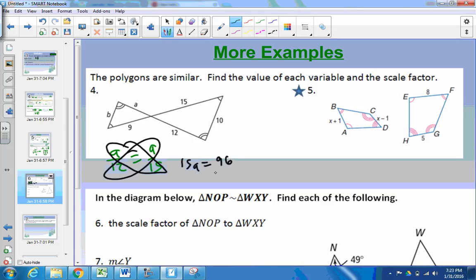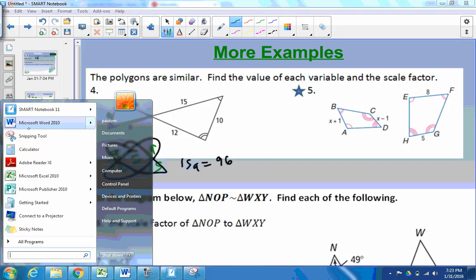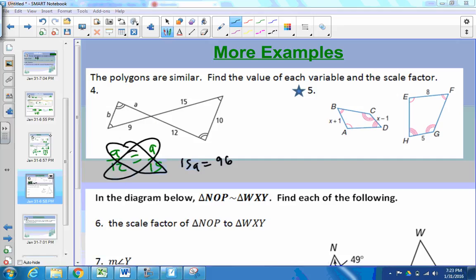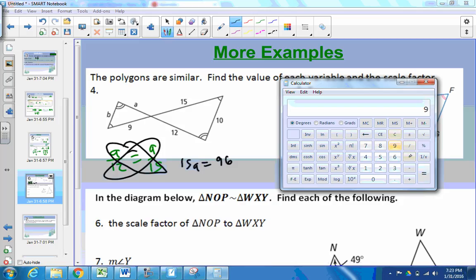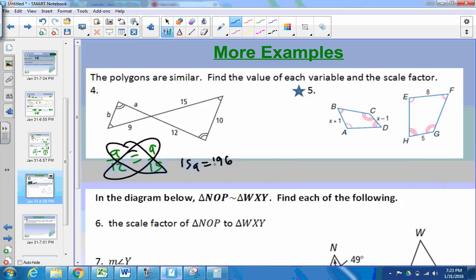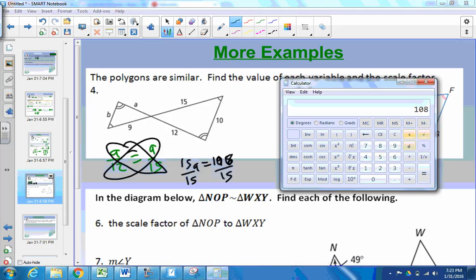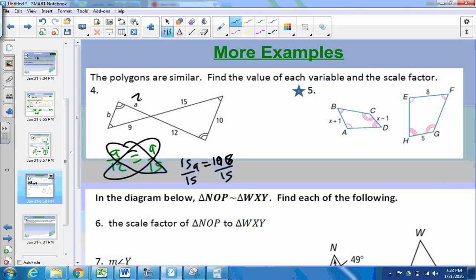And divide, what is it, 96? 9 times 12. Let's check this real quick. Oh, sorry, 108. I was off by 1. And we divide both sides by 15. 108 divided by 15. Not going to be perfect there. 7.2. So A would be 7.2.